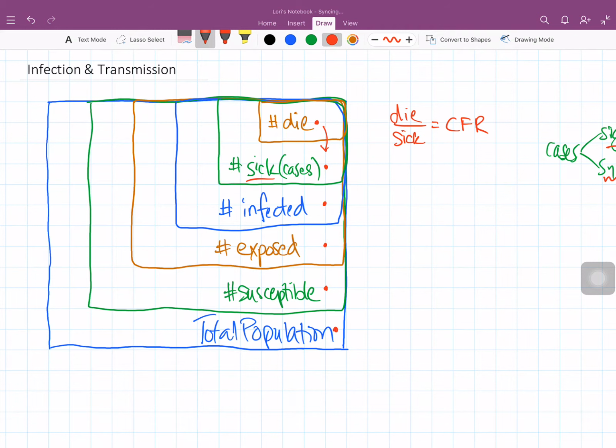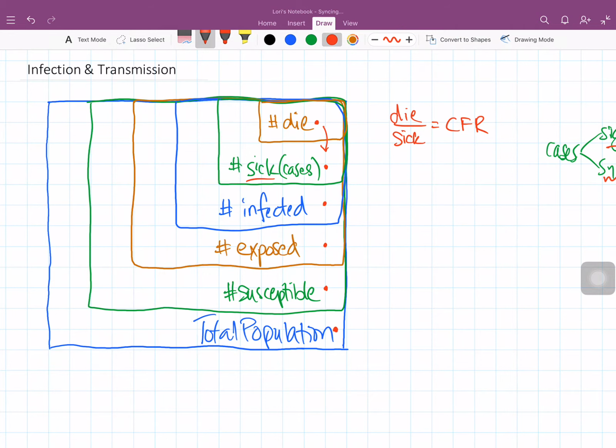Even the total population that we're after can sometimes be challenging. So if we're trying to look at the total population for a specific city, do we use, say, the census data? Census data is often several years old, and we know that people enter and exit the population. Sometimes the demographics of a population can change pretty rapidly over a short amount of time.